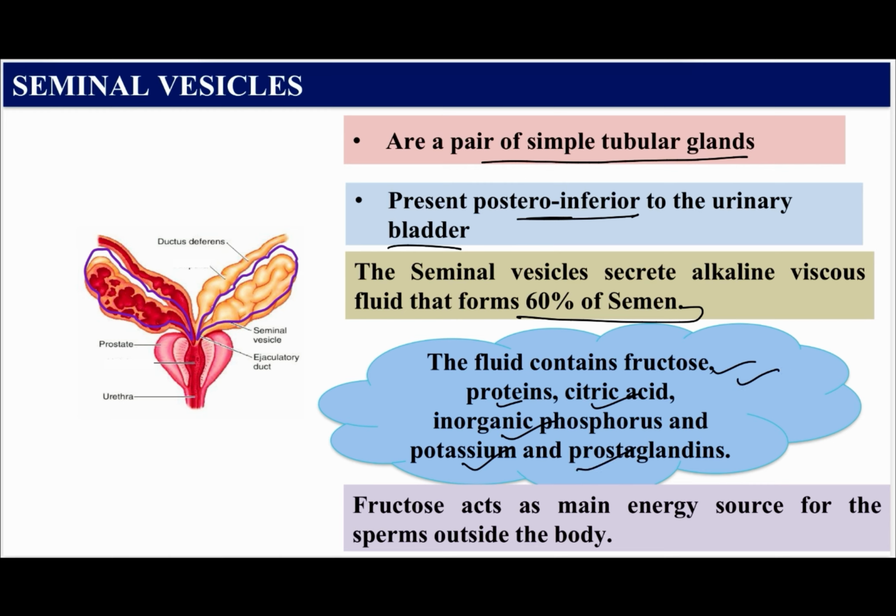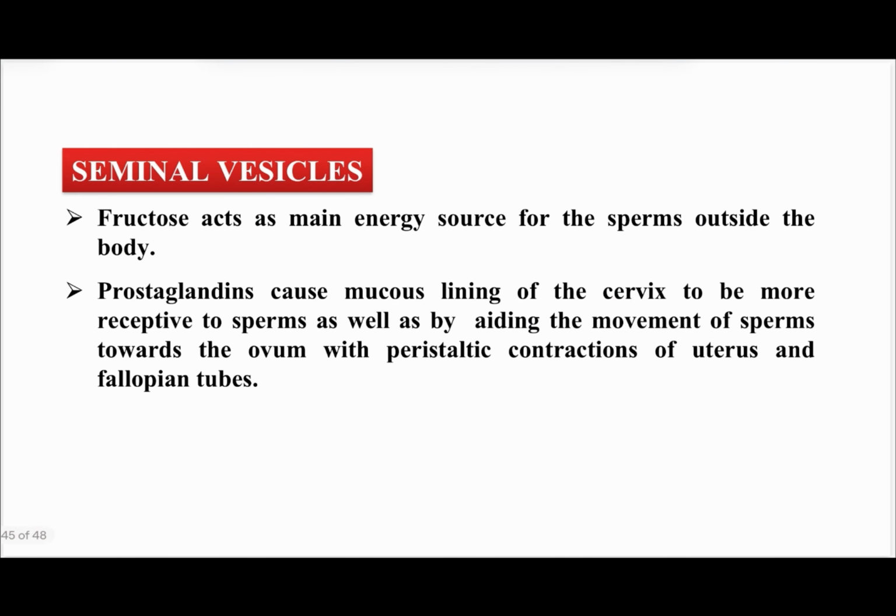Fructose is used for the rape test: if fructose is found in the vagina, we get to know that there may have been sexual intercourse. This fructose also acts as the main energy source for sperm outside the body.